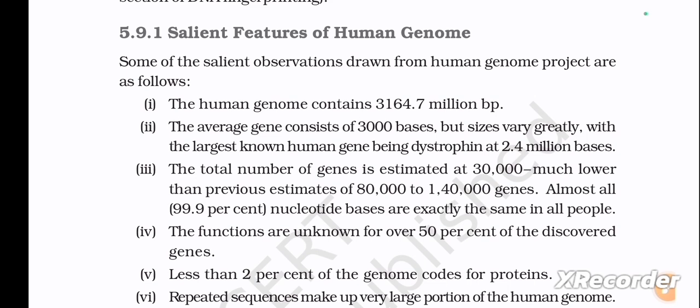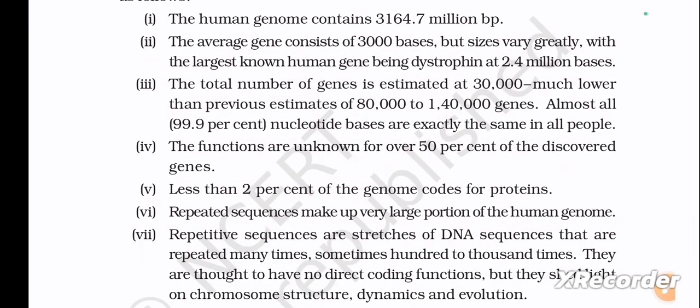Third point, the total number of genes is estimated at 30,000, much lower than previous estimates of 80,000 to 1,40,000 genes. Almost all nucleotide base pairs are exactly the same in all people, 99.9%. Next point, fourth, the functions are unknown for over 50% of the discovered genes.